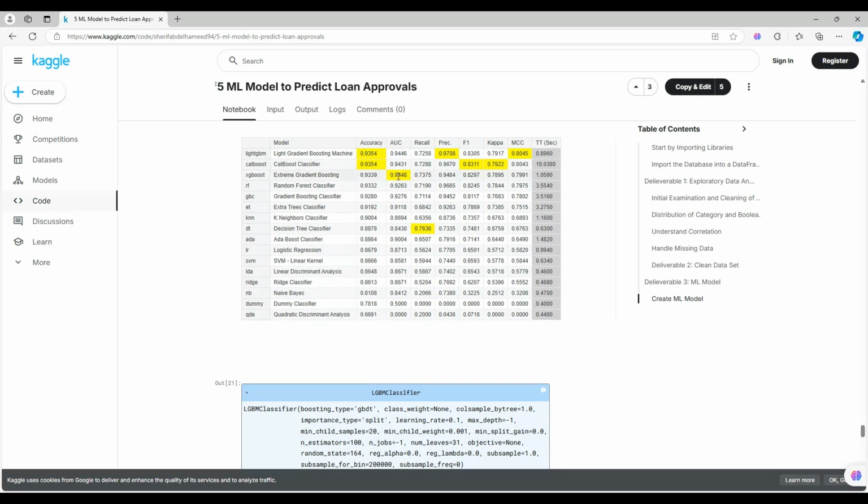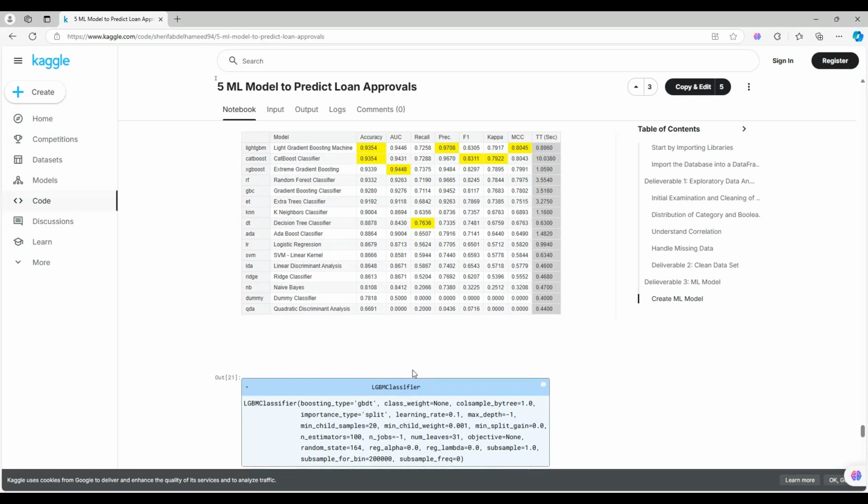The area under curve is the extreme gradient boosting. So you basically have to set some criteria for yourself. Usually we take accuracy, we focus on area under curve, we focus on the F1, which is basically the mean of precision and recall. And the time taken, of course, if you're dealing with a huge data set.